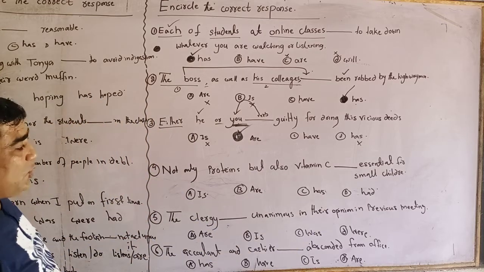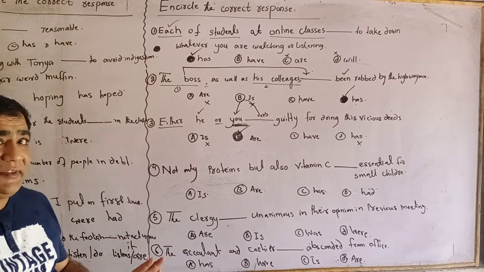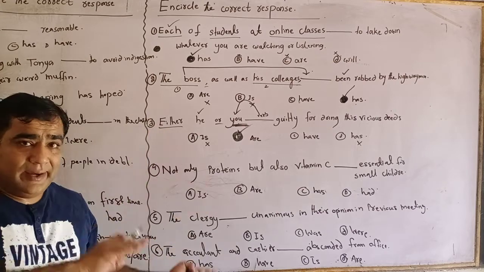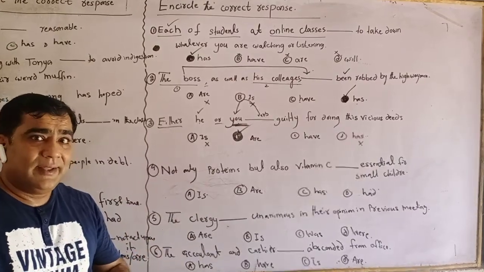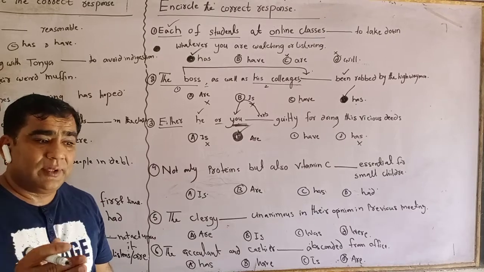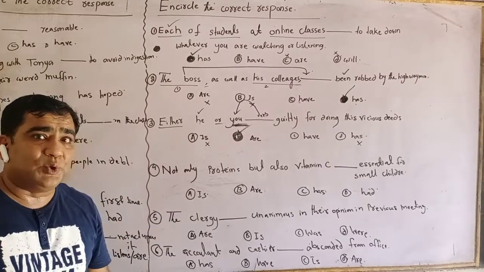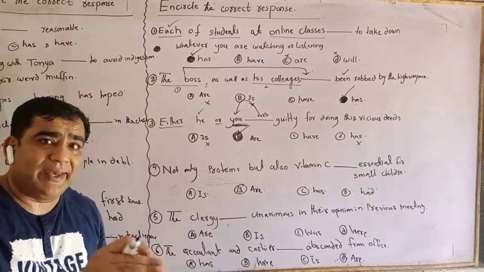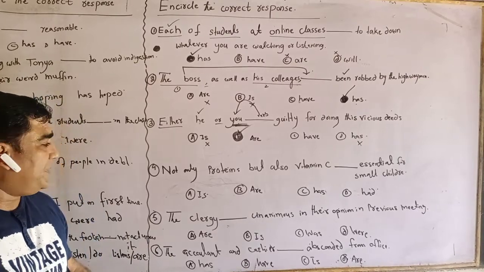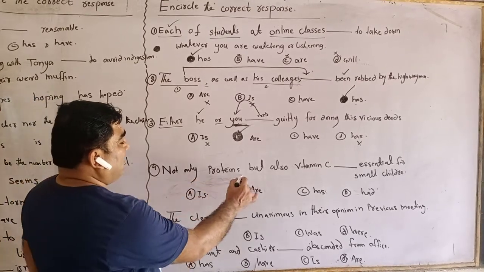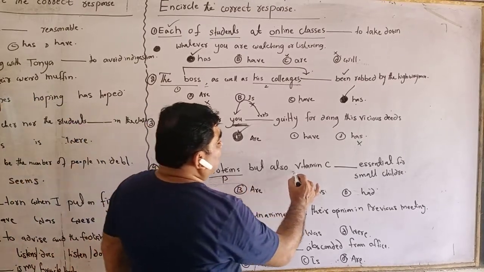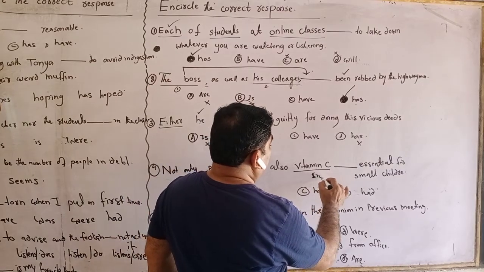Coming towards not only but also, the same principle as we have with either or, neither nor. After but also, whatever subject comes agrees with the verb. See, not only proteins, plural, but also vitamins, singular.